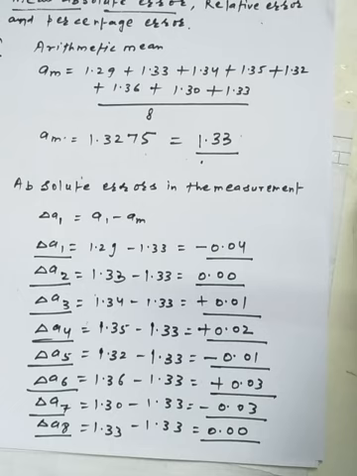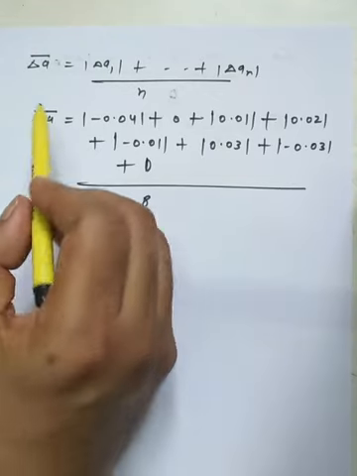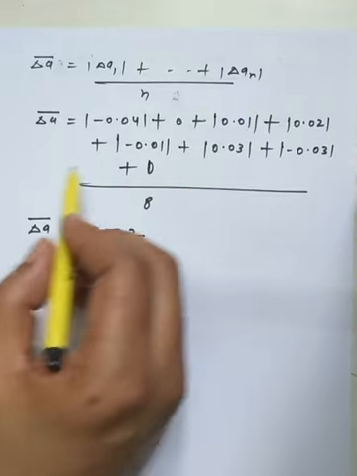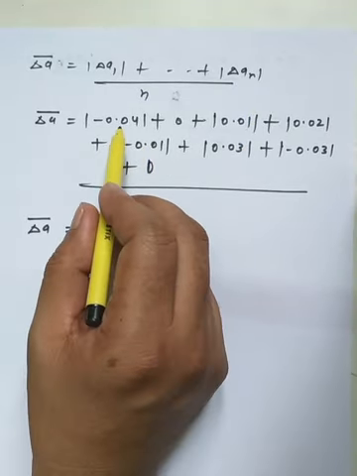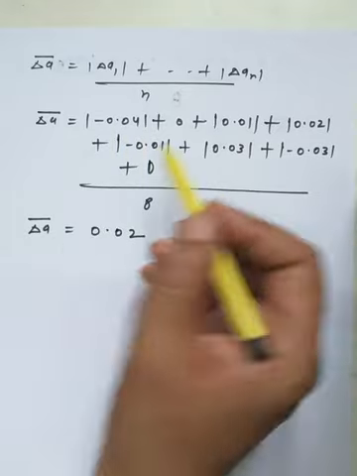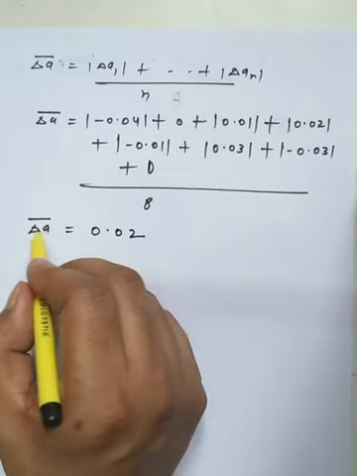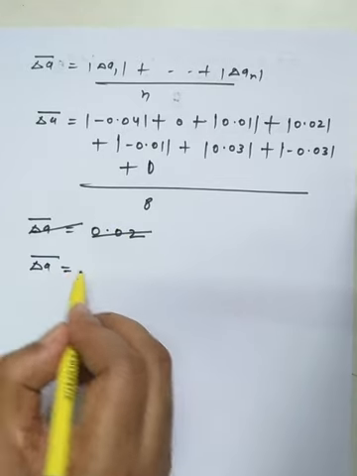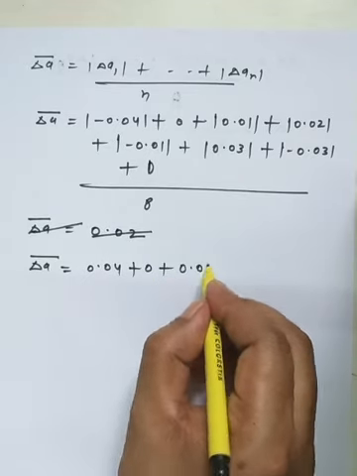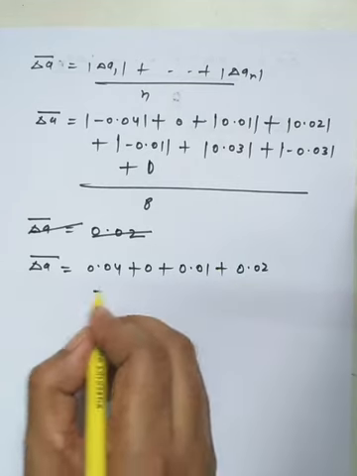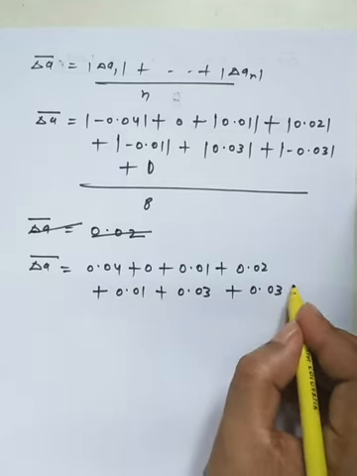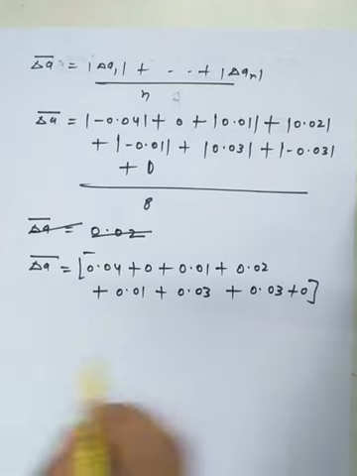Now in the next step we have to calculate the mean absolute error. We are using the mean absolute error formula, delta A1 plus up to delta AN, upon N. We first write the values with the sign, and then we use the concept of the modulus, so we convert all the values to plus. So it is 0.04 plus 0, so nothing, then 0.01, plus 0.02, plus 0.01, plus 0.03 and plus 0.03, and in total we get the value 0.16.